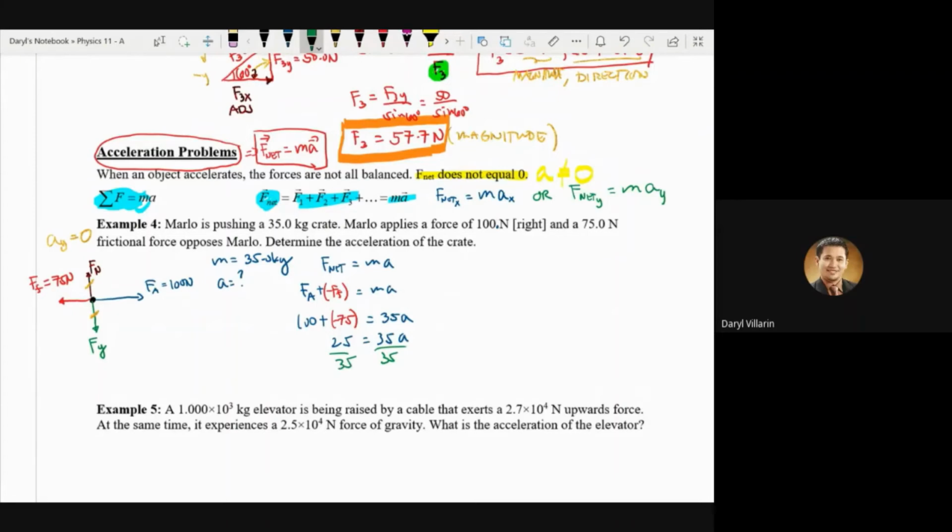A is a positive number, so the acceleration is in the positive direction, around 0.714 meters per second squared, to the right.